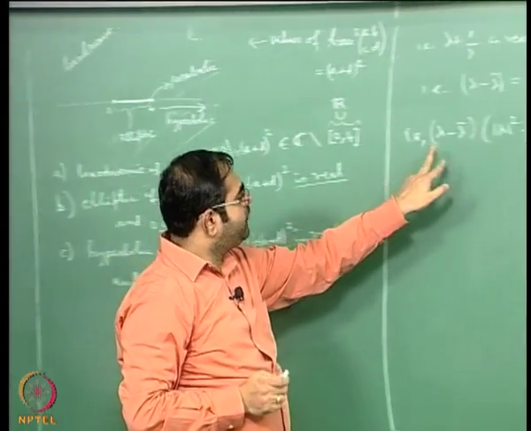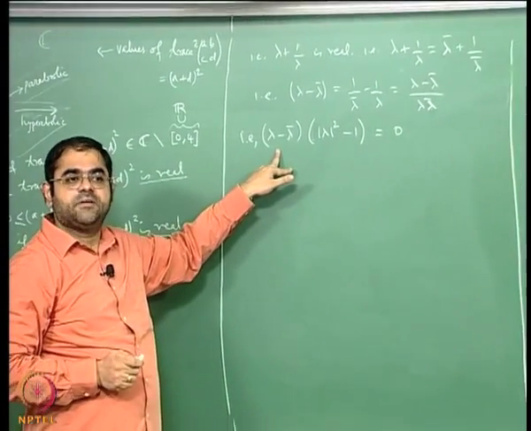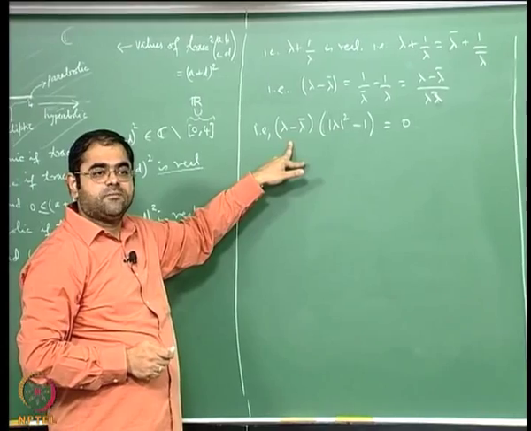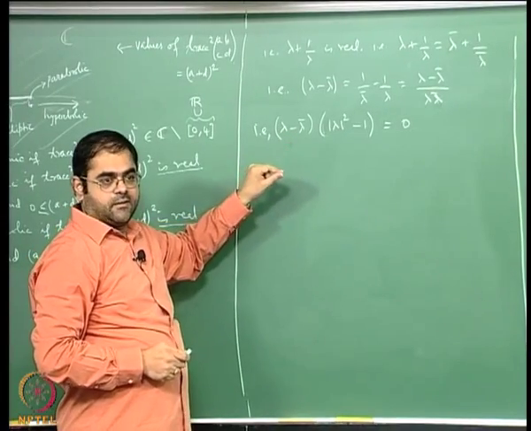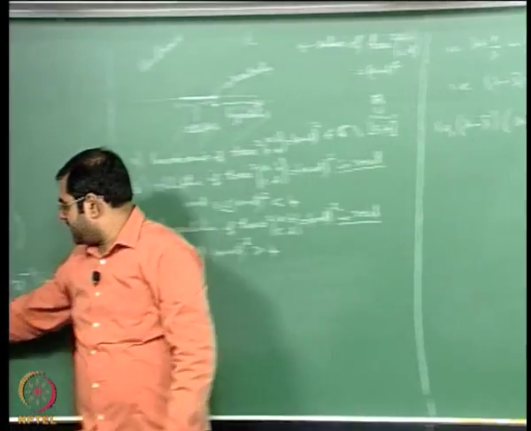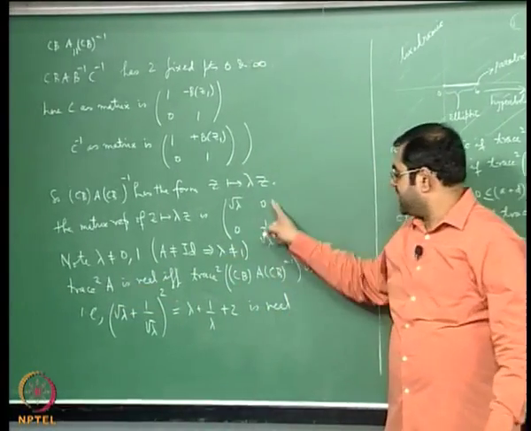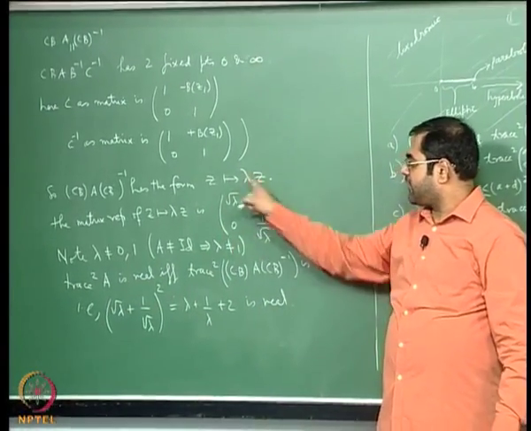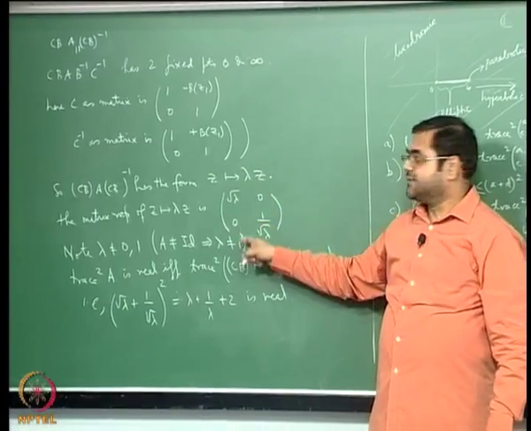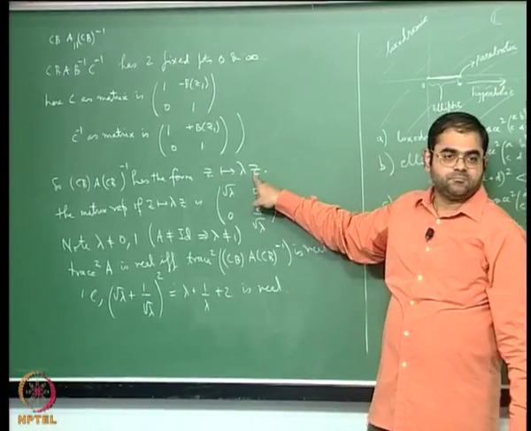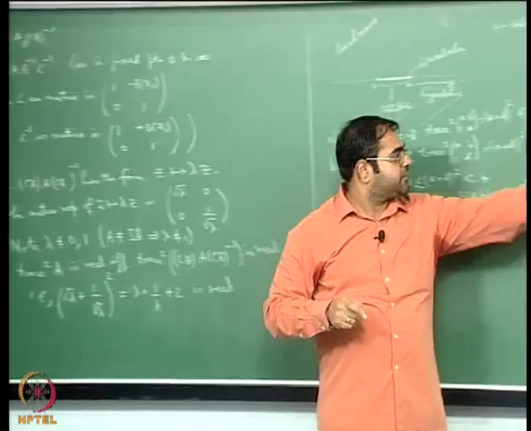So when will trace square a plus d be real? Trace square of A, which is a plus d the whole squared, will be real if and only if this transformation that I have gotten after conjugation, which is essentially z going to lambda z, has lambda satisfying this property.